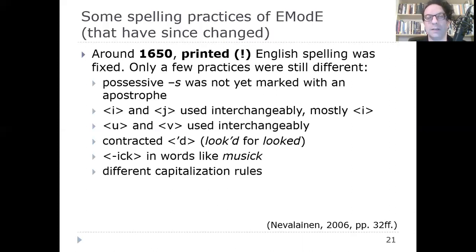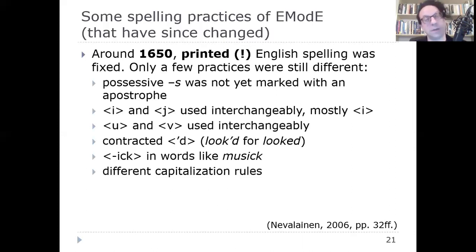So nowadays, we're spelling a word like looked as L-O-O-K-E-D, even though that's not what we pronounce, right? We say looked. We don't say looked-ed. This was a good invention, and for some reason, it just got reversed again after the early modern time. So that's why I said this is really strange that we sort of reversed that again.